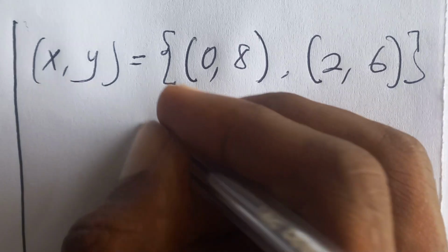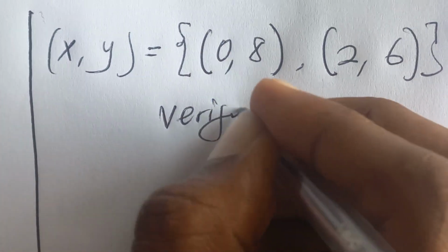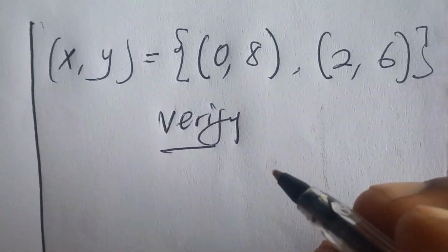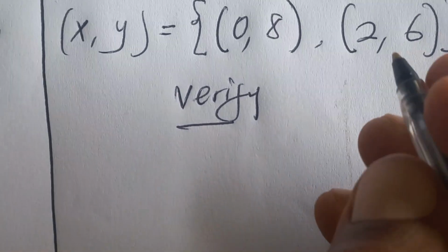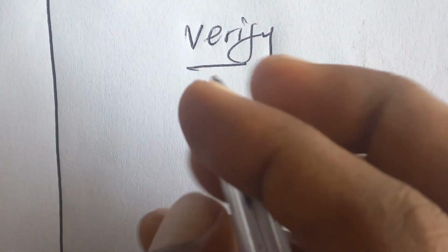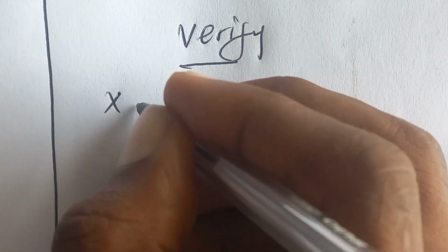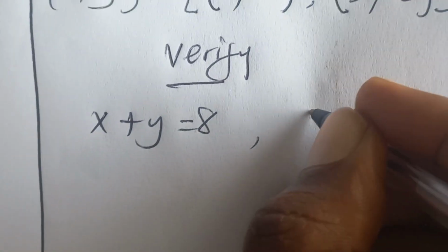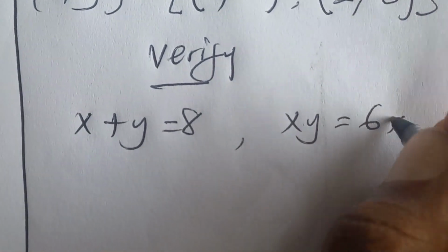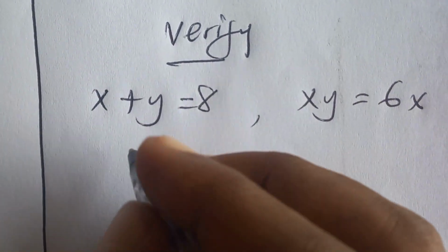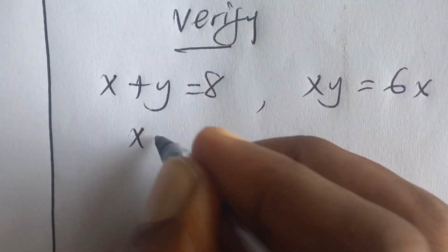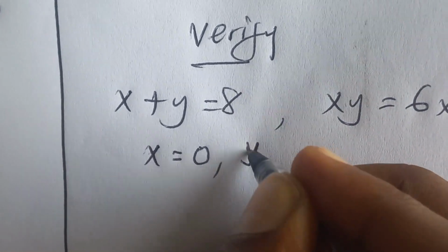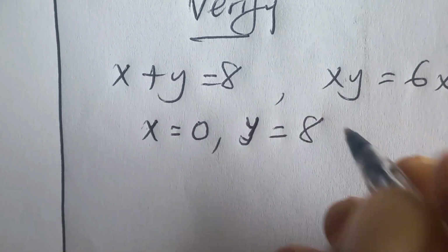Now, let's verify to see if this solution set satisfies the system. Okay, so we have our equation x + y = 8, and then xy = 6x. So we are testing for x = 0 and y = 8.